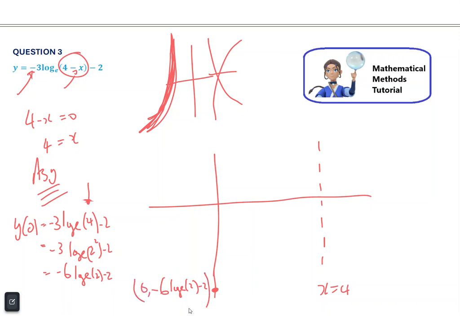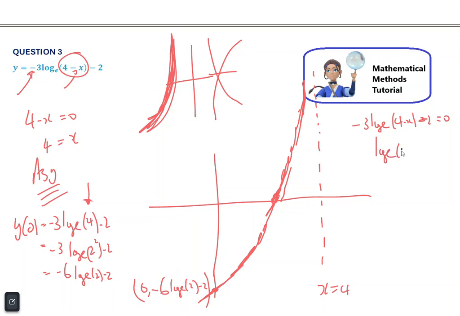And my graph's going to look something like that graph approaching this asymptote. And I need to find the x-intercept. The x-intercept is when negative 3 log base e of 4 minus x, minus 2 equals 0.